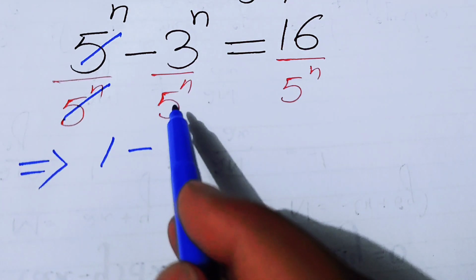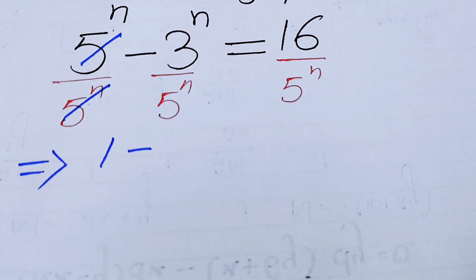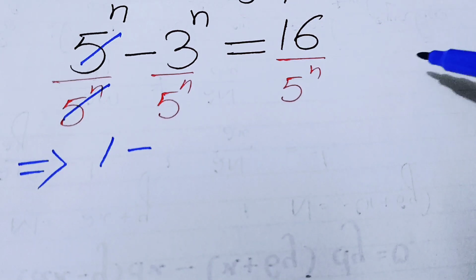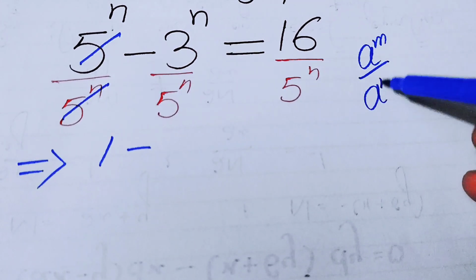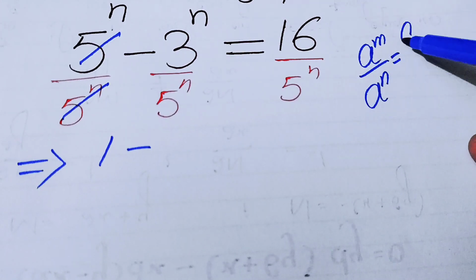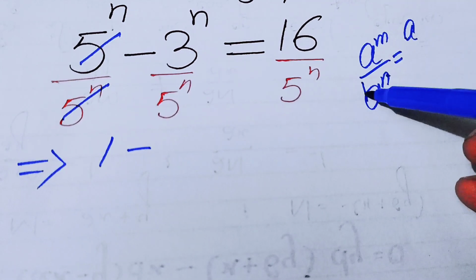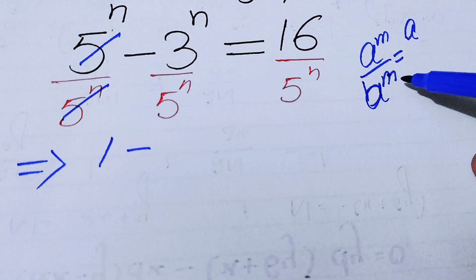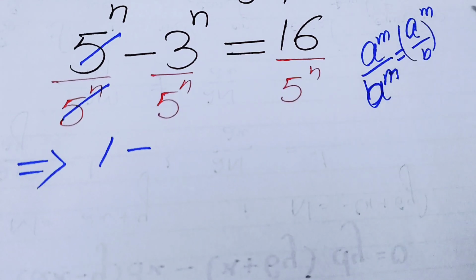and we will use here the nice exponential law. You know that a to the power of m over b to the power of m is equal to a over b to the whole power m.